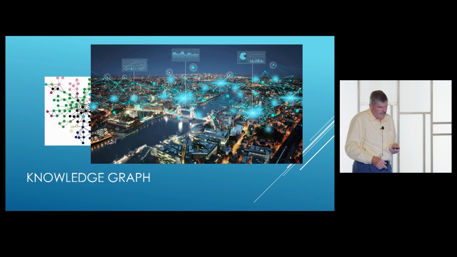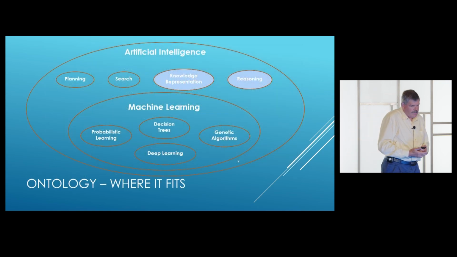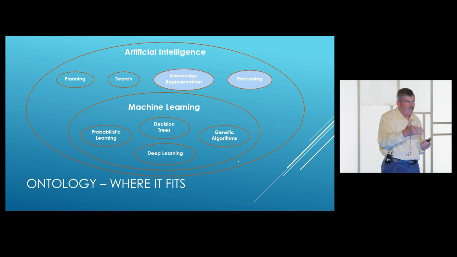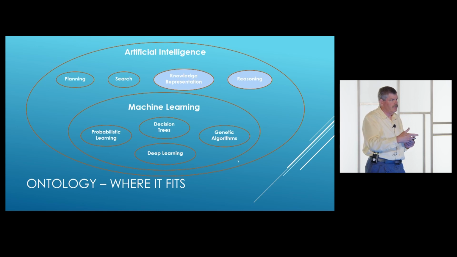Now, I said there was a knowledge graph. Let's talk a little bit about ontology. So the ontology aspect of this fits in two places. Not only does the ontology offer a rigid mechanism for controlling the structure of the data, the schema of the data, and prevents you from introducing things that don't relate well.